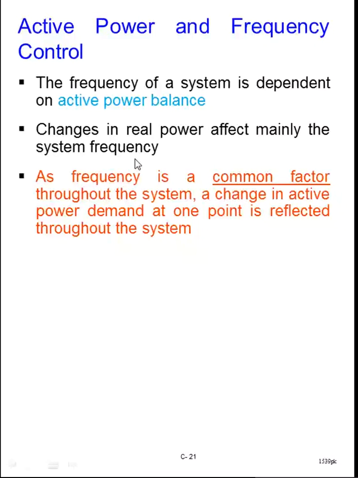And as such, you can say that frequency could be a common factor throughout the system to tell you whether there is a mismatch in the active power in the system or not.